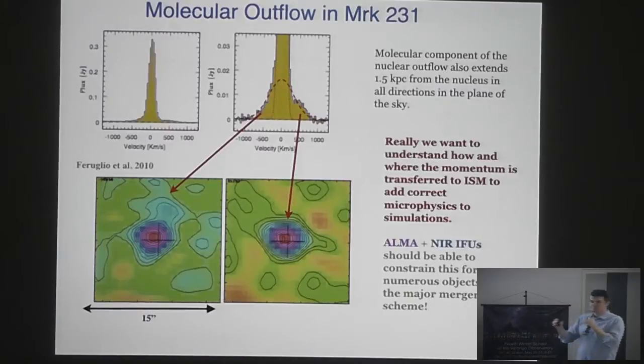It probably means that the molecular gas has to form in situ, because if you take a molecular cloud and you try to drive it up to 500 kilometers per second, it completely shreds. And so probably the gas was moving and then started cooling as it was moving out. And we're starting to trace that. So there are lots of studies coming with IFUs and with ALMA that are trying to constrain this better.